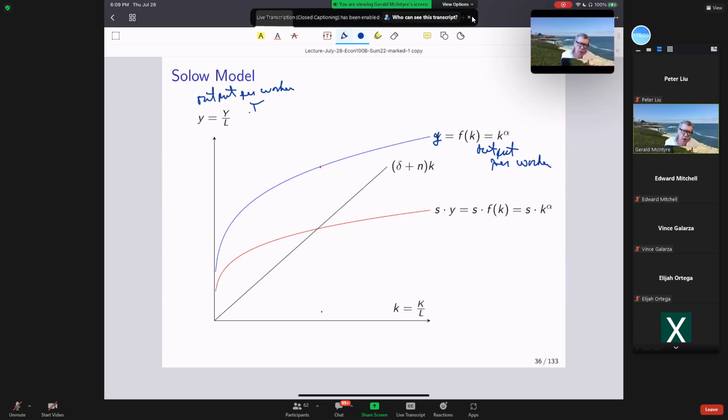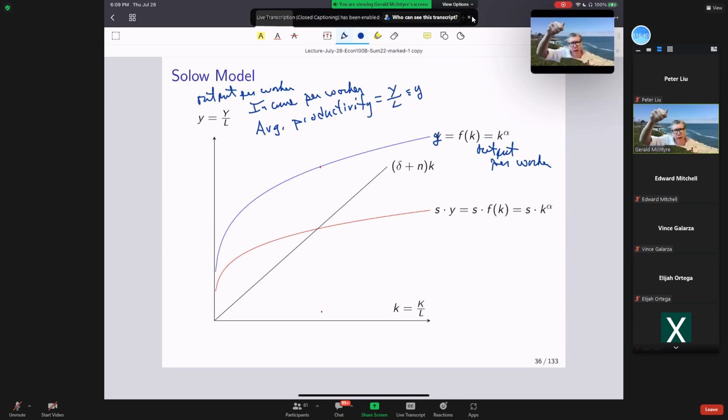We could also call it income per worker, or average productivity, because look at it, it's capital Y divided by L. That's what small y is: the amount of output divided by the number of workers.